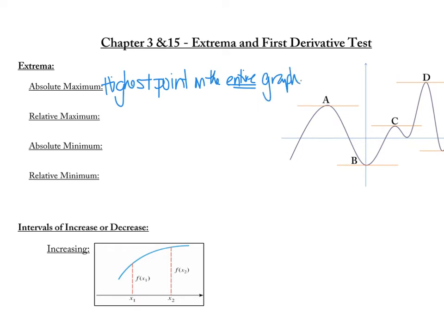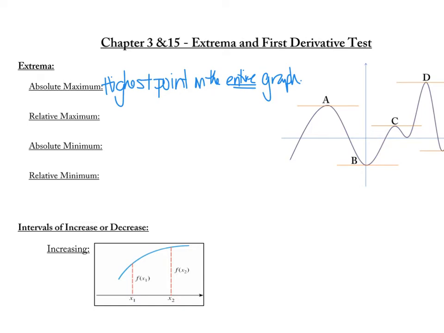Okay. Now it's possible for your graph not to have an absolute maximum. So if both of your arrows are pointing up, that means your graph's going to positive infinity on both sides. So there's never an absolute maximum highest point because it's going to positive infinity.